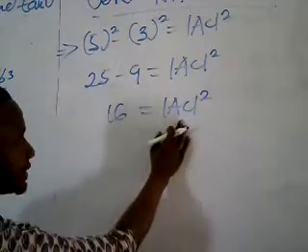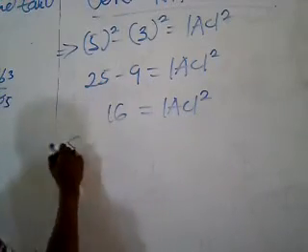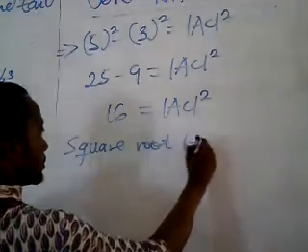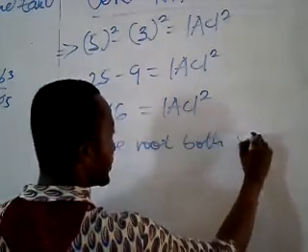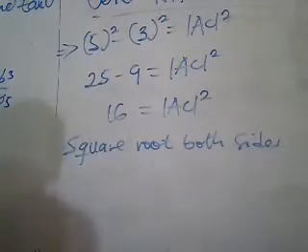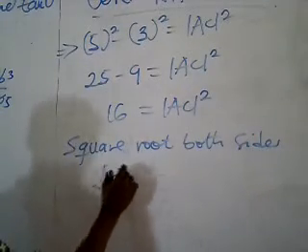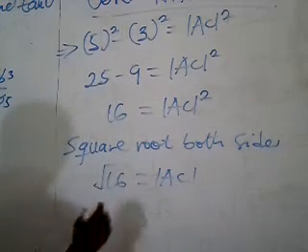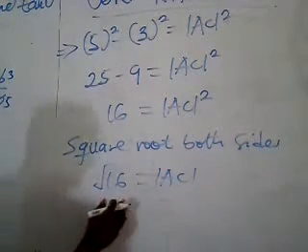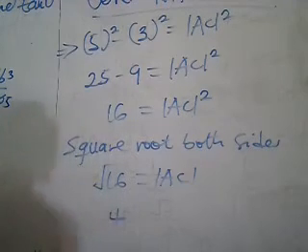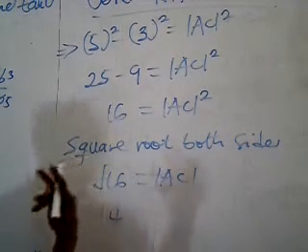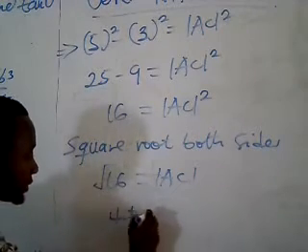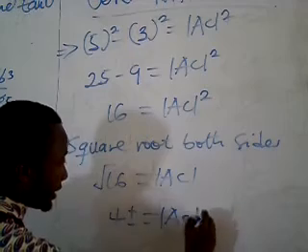We are finding AC, not AC square, so we square root both sides to remove the square. So square root of 16 will be equal to line AC. Square root of 16 will give us 4. Anytime you square root both sides, you get 2 values, so you can also make it plus or minus equal to line AC.